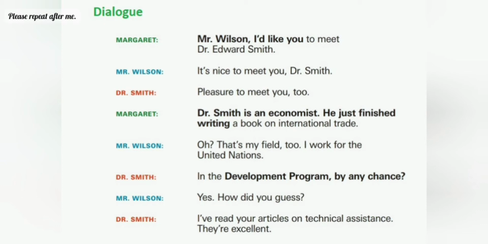I work for the United Nations. In the development program, by any chance? Yes. How did you guess? I've read your articles on technical assistance. They're excellent.